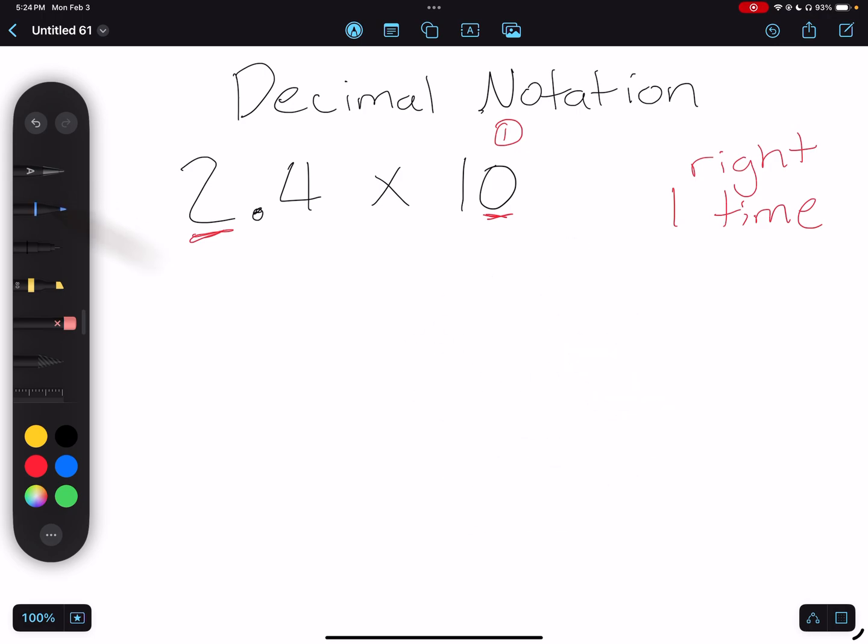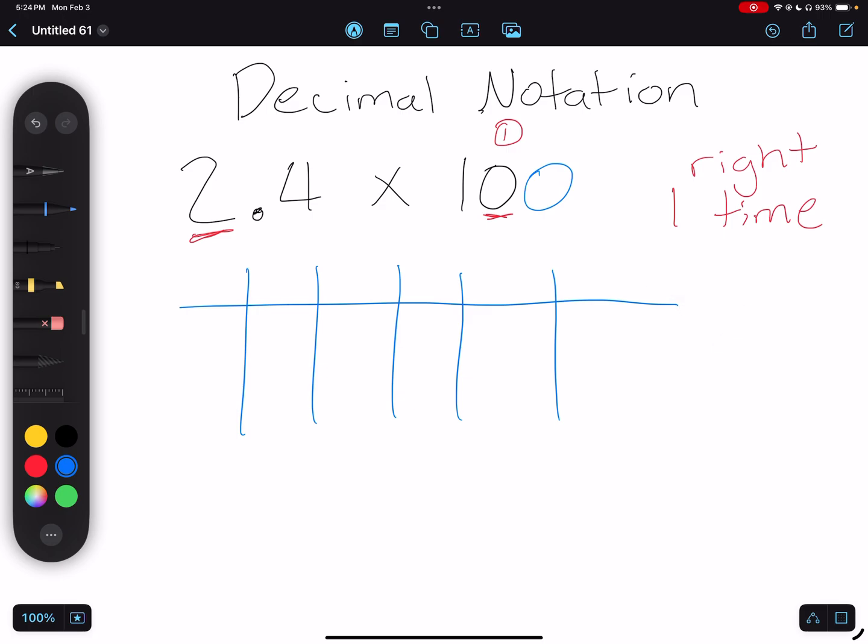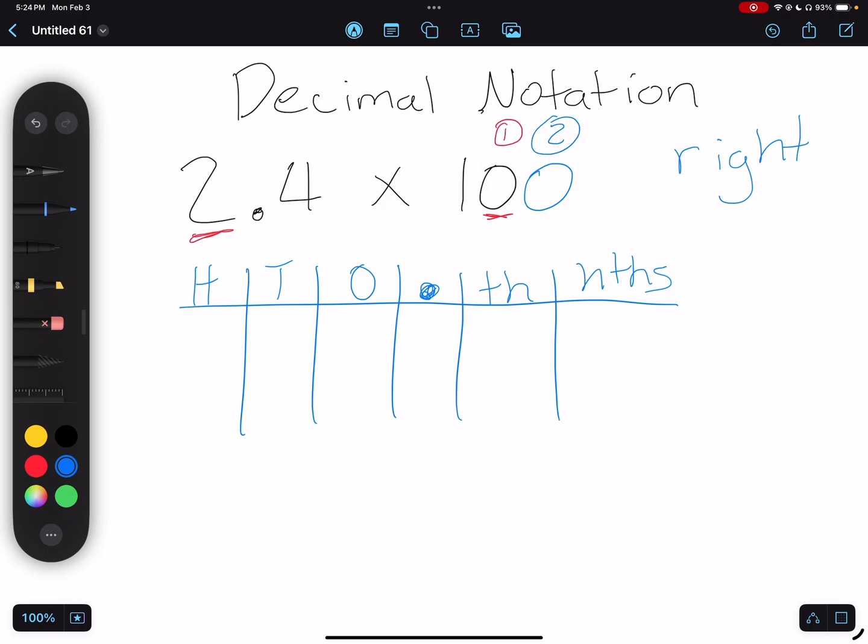times 100. I'll put a 0 there so we can do our place value chart: 5 lines, cross it, put my decimal, H, T, O, with the tenths and the hundredths. I know that this time I'm still moving to the right, and I'm moving 2 times.